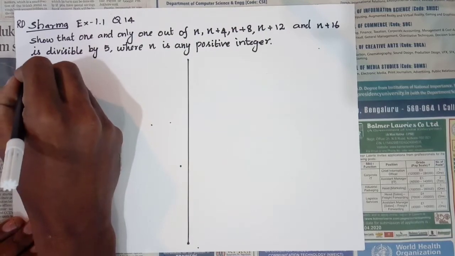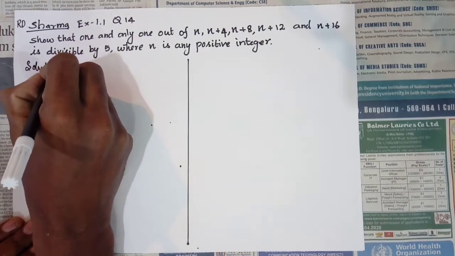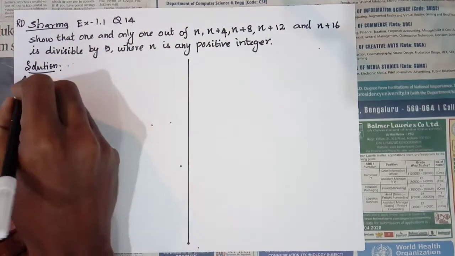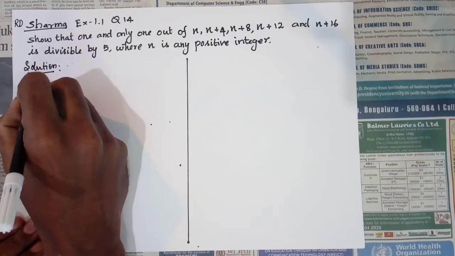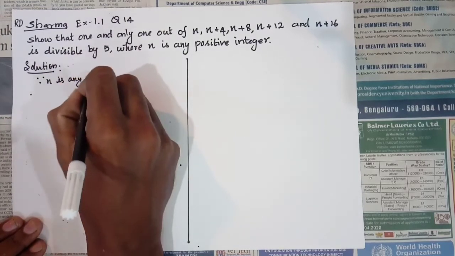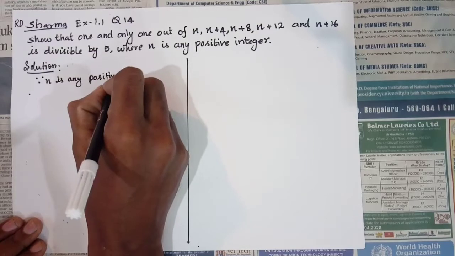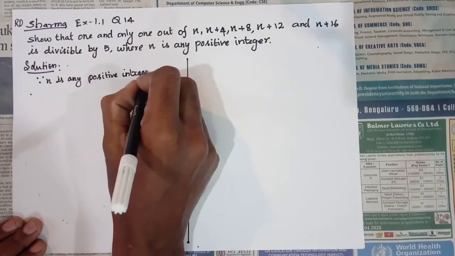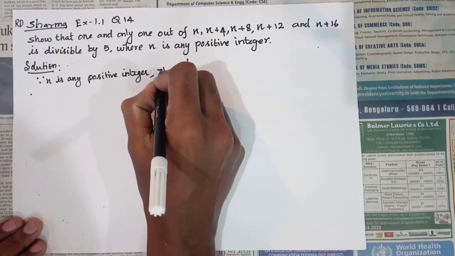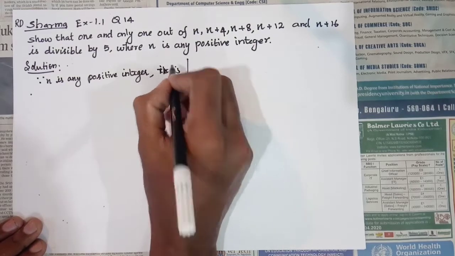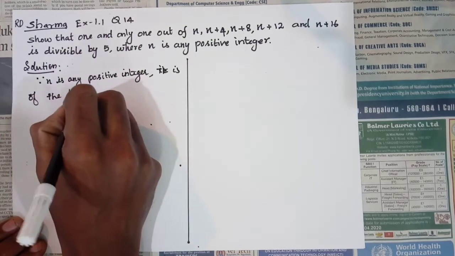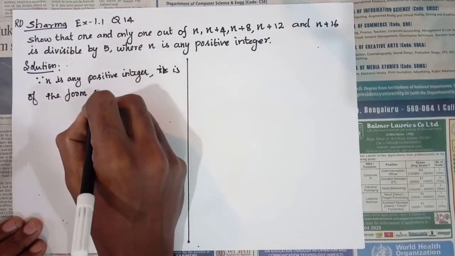So we can write the solution: since n is any positive integer, it is of the form 5q.